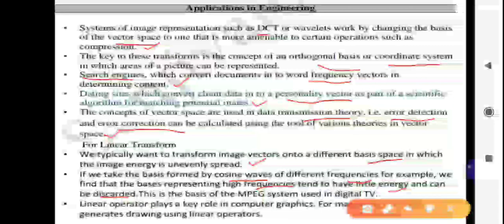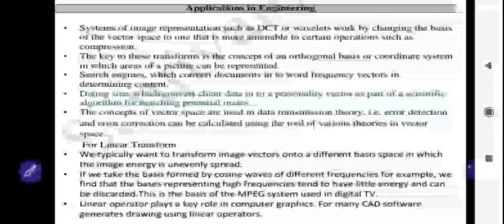This is the basis of the MPEG system used in digital TV. Linear operators play a key role in computer graphics. Many CAD software packages generate drawings using linear operators. So these are some applications in engineering and in real life of vector spaces and inner product spaces.